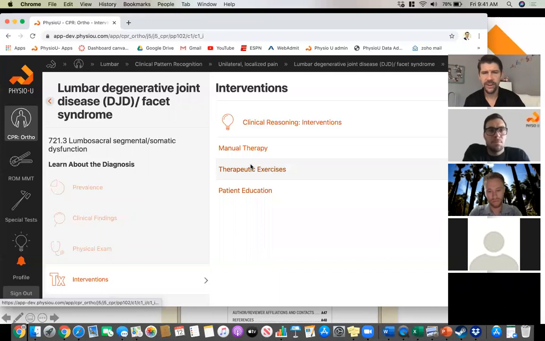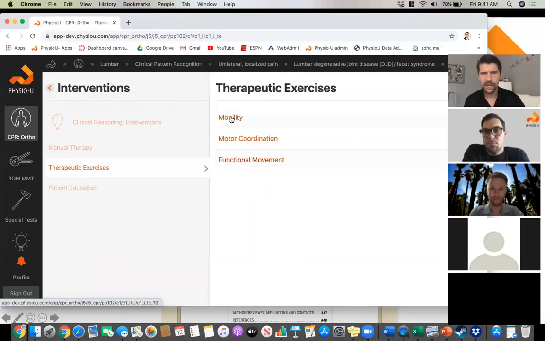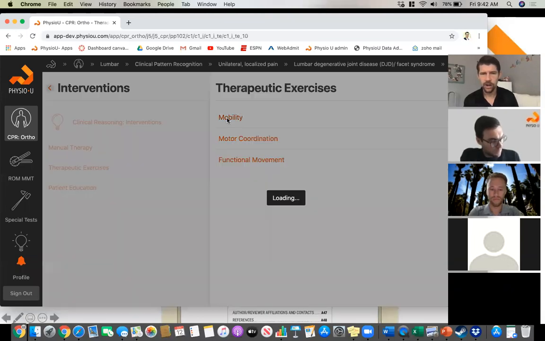Good. Okay. So Therex. If we move away from manual therapy, most of our Therex should be in this mobility category. We want to match whatever we did in the clinic, our manual therapy work, to whatever's happening at home, especially if we reassess and they felt better.